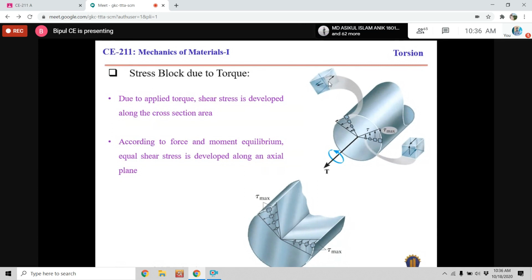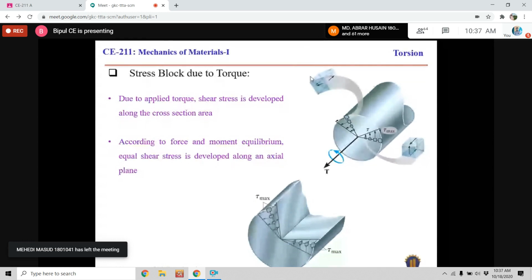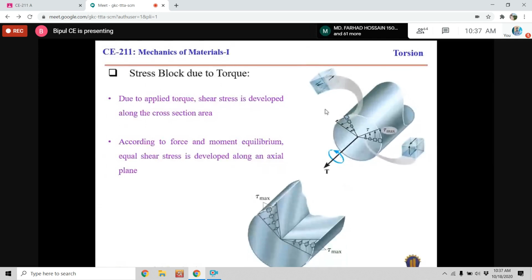So there must be another shear stress of similar magnitude. The rotation due to one shear stress and the rotation due to the other will be balanced. This shear stress is developed by the torque, and the other is developed to maintain the equilibrium of the block.